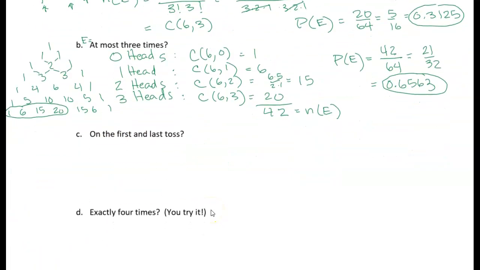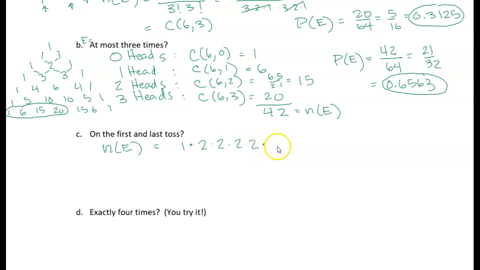What's the probability of getting heads on the first and the last toss? Well, we need to figure out how many ways that can happen, right? Our event is heads on first and last toss. So let's just use the multiplication principle on this. If we're going to get heads on the first toss, that's only one option, right? Heads. On all of the other tosses, the second, third, fourth, and fifth, we still have our same 2 options.